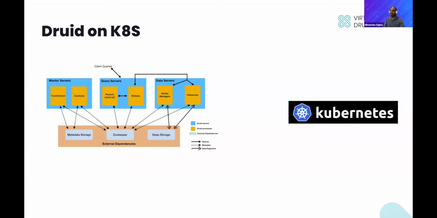We have been running on the cloud, and clouds have pretty nice offerings that you can directly use. Like Amazon has RDS and Aurora database as a service and S3 buckets to be used as deep storage. And Zookeeper, we do deploy on Kubernetes, and this talk is not about that, but like I described for the web application, Zookeeper can pretty much be deployed the same way.